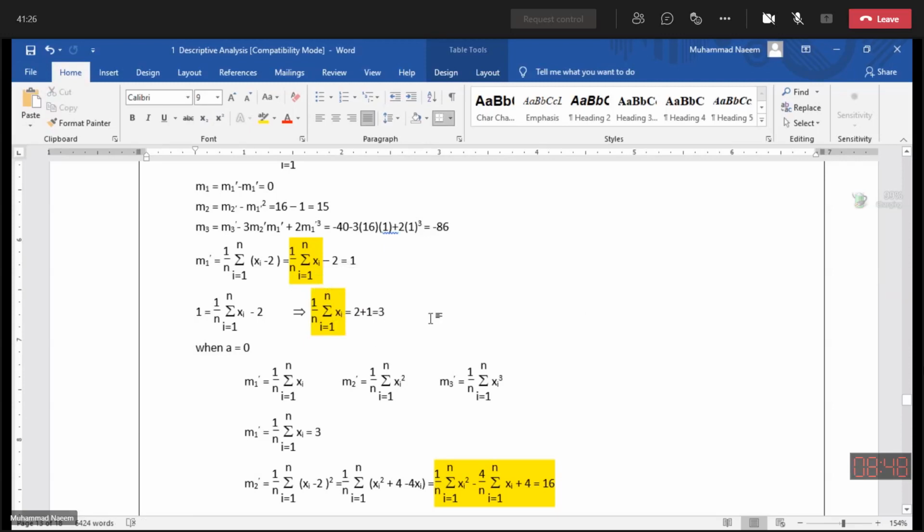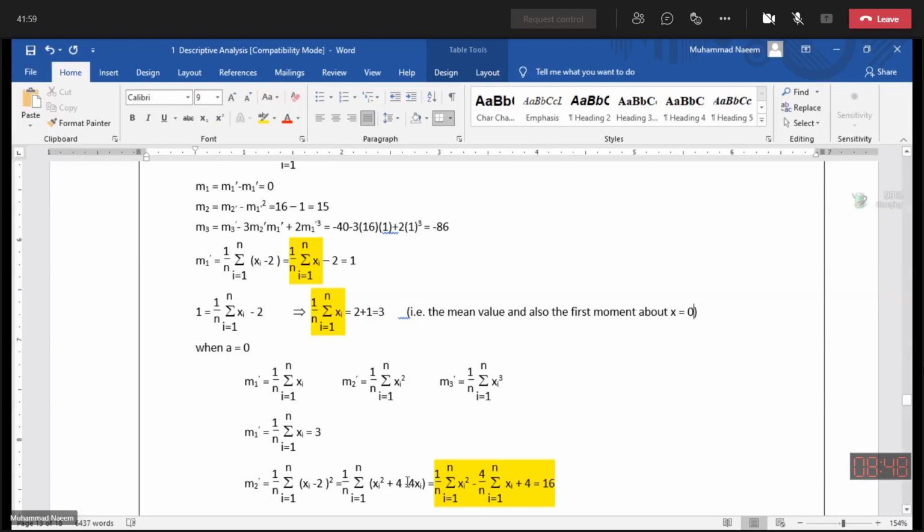That is just the mean value. And also that is the mean value, and also the first moment about 0.